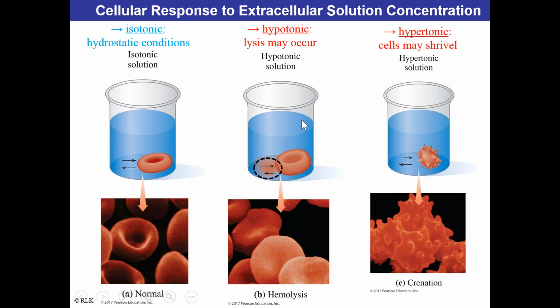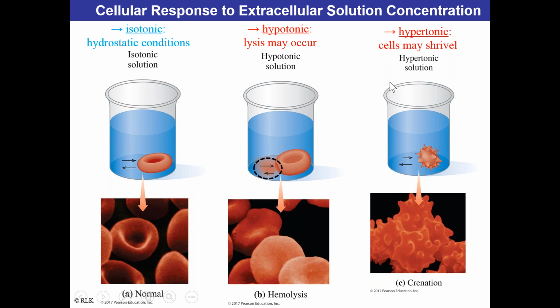So this would be an example of seawater, right? If you drank a lot of seawater, and you can't drink a lot of seawater, you would be admitting into your body a solution that has a much higher physiological tonicity, if I want to use that term, going back to the isotonic conditions.